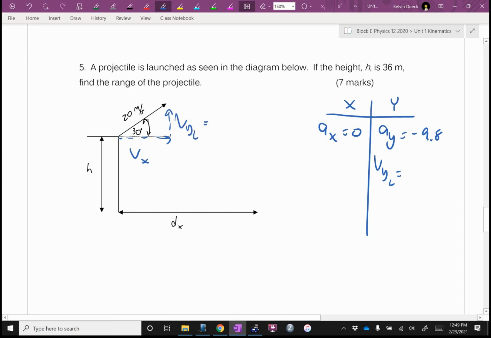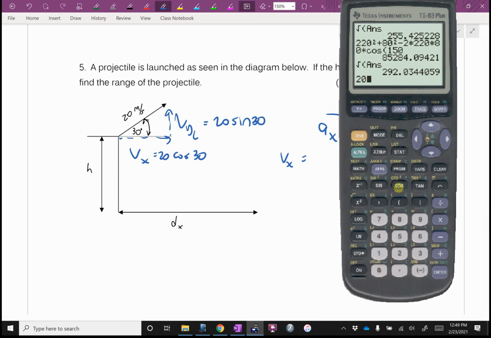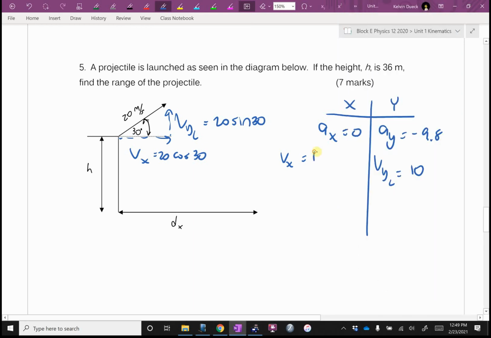So that's going to be 20 sine 30. Does VY initial work out to 10 exactly? VX is going to be 20 cos 30. 17.321. In fact, I think I used the same diagram in our notes and just copied it over.